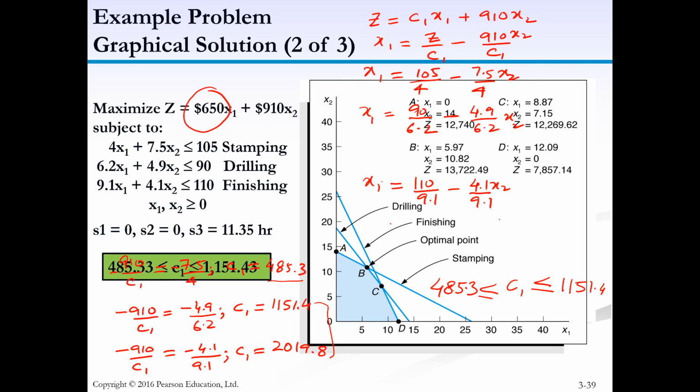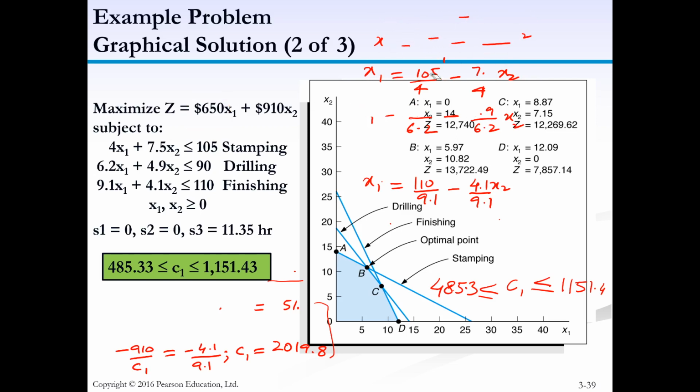If I remove this one, okay, C1 is 485.3 and 1151.43. This is our answer. I remove everything here, and we will now see the right hand side also.